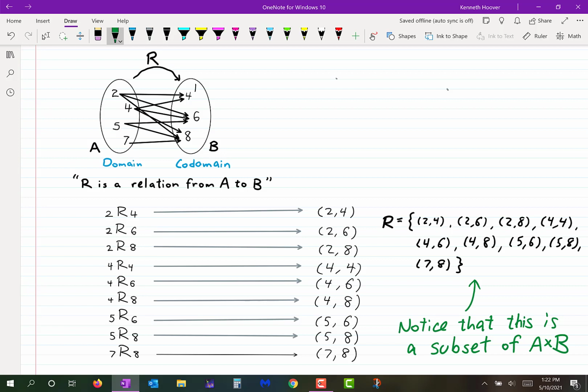And let me say the same thing in the other direction. Every subset of A cross B represents a relation from A to B. I'm going to put that here in writing.